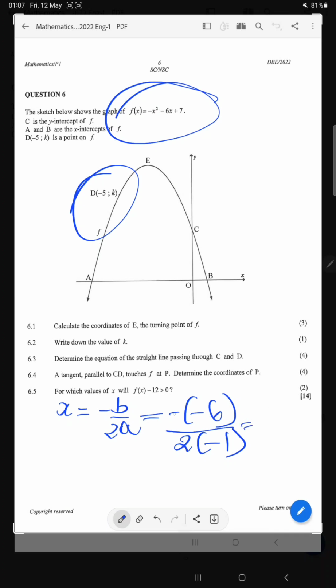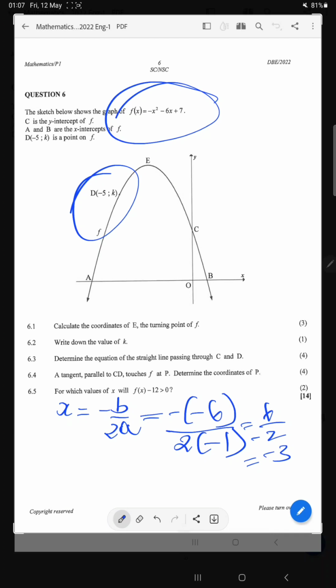Therefore, negative and negative is positive, so we have 6 over 2 multiplied by minus 1, which is minus 2. Therefore, the x coordinate of this turning point is going to be minus 3.